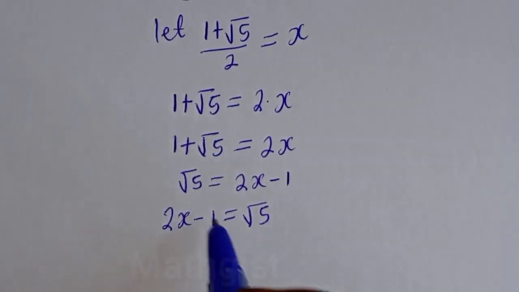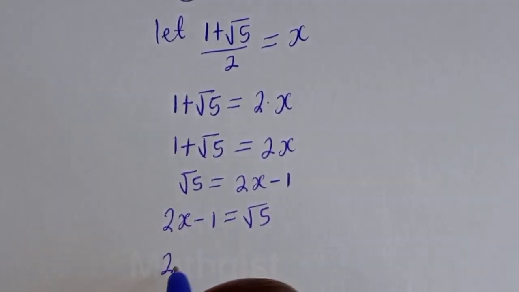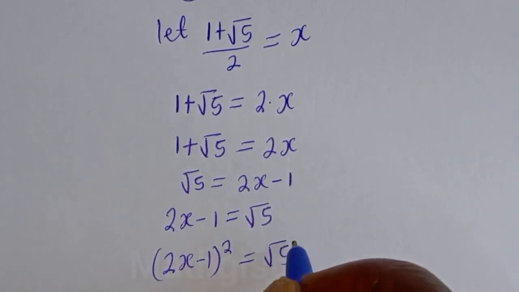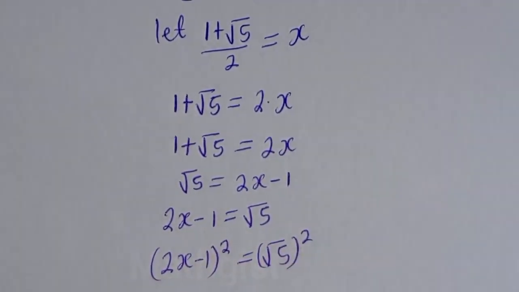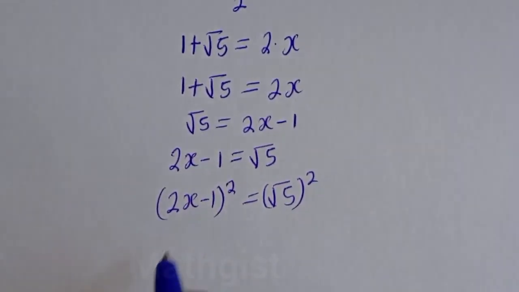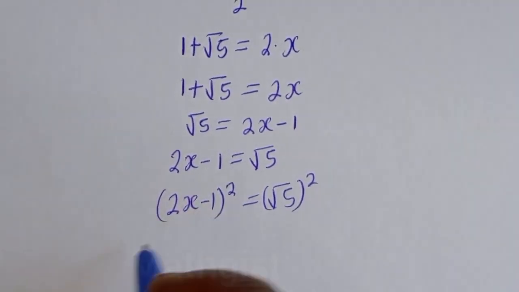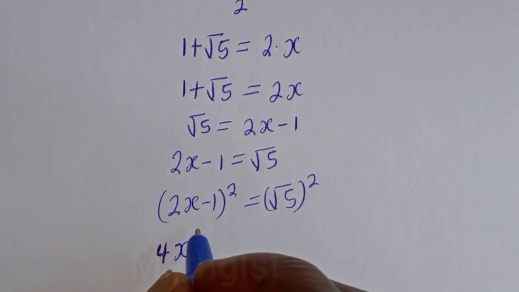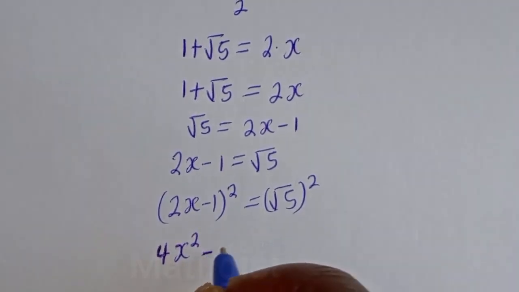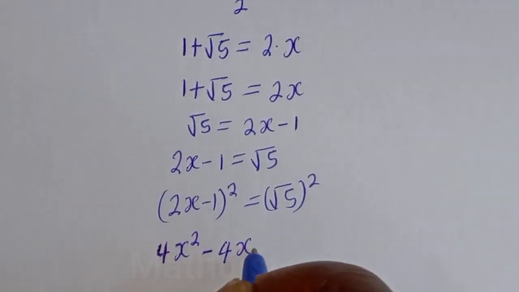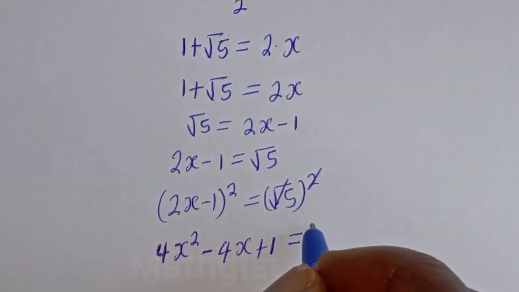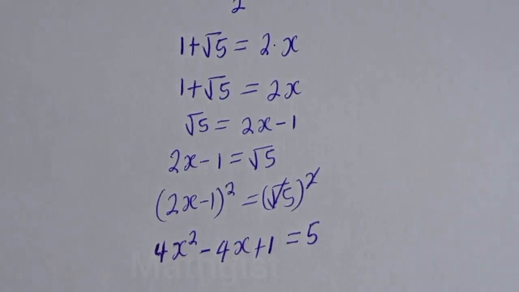Now let's square both sides of this equation. 2x minus 1 all squared is equal to square root of 5 all squared. 2x minus 1 squared is 4x squared minus 4x plus 1, equal to 5.